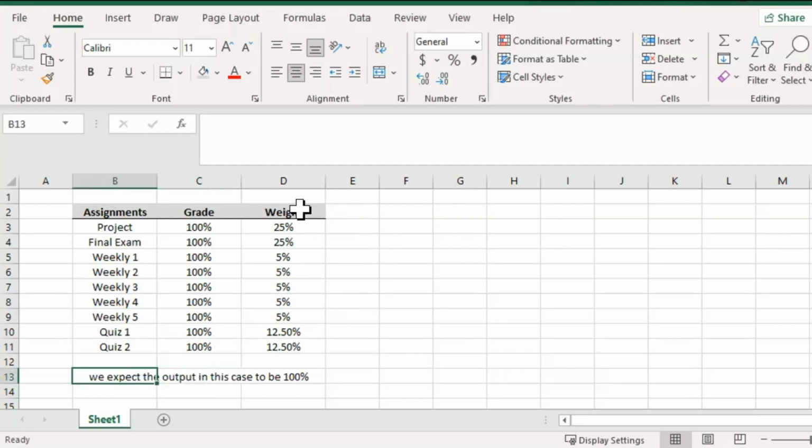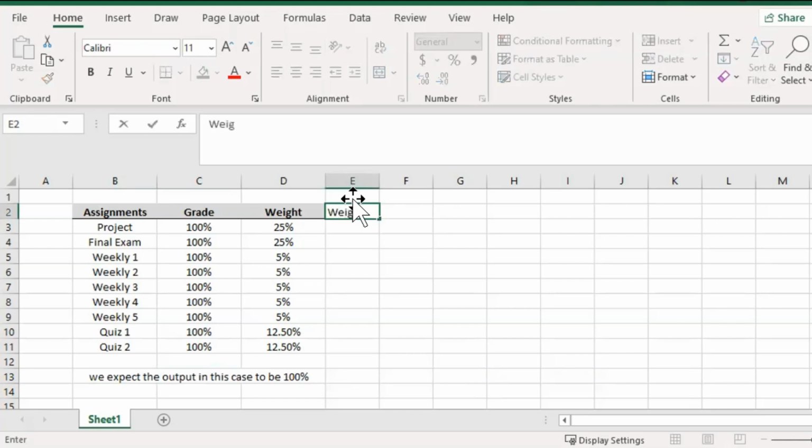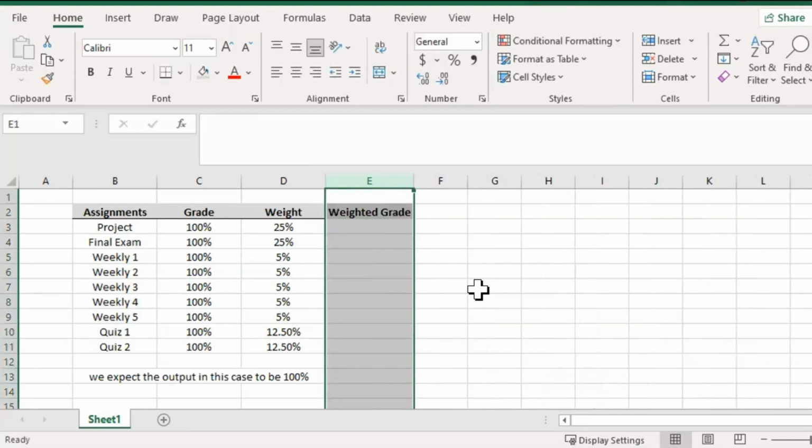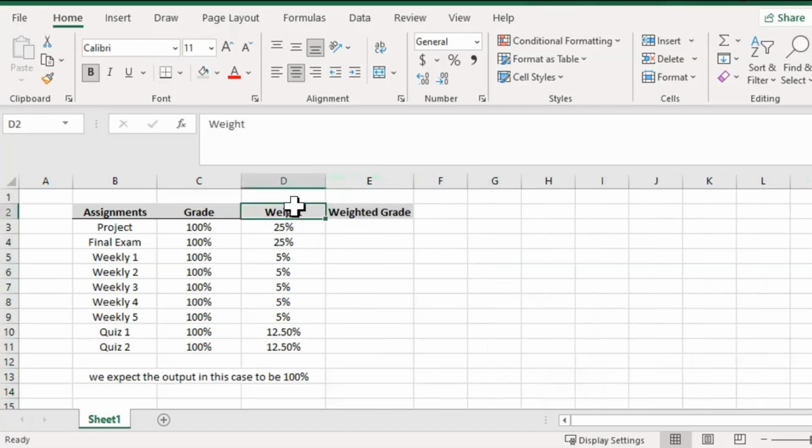But let's go on ahead and actually compute this. So what I'm going to do is create an additional column, and I'm going to call it my weighted grade. Now for the weighted grade, I'm going to do a little bit of formatting, and I'm just going to copy this format painter here and make sure that it has the same look and feel as the rest of the table.